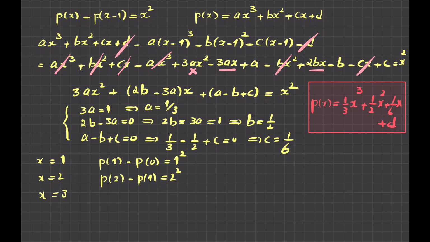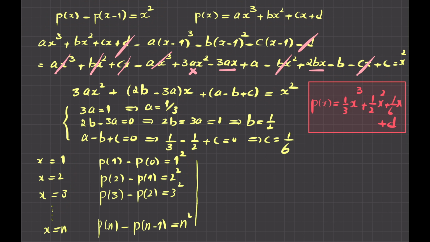So if I choose 3, then I will have p of 3 minus p of 2 is equal to 3 to the power of 2. And if I continue this list until I hit x equals n, then it becomes p of n minus p of n minus 1 is equal to n squared. And now what I will do, I will add them side by side. So I will add all of them.